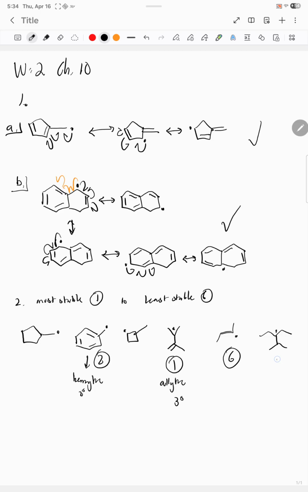And then it would be followed by this tertiary, and then secondary, and then primary. So get the answer key. 524163. This is right.